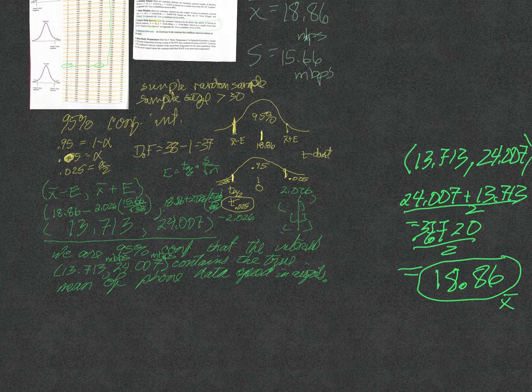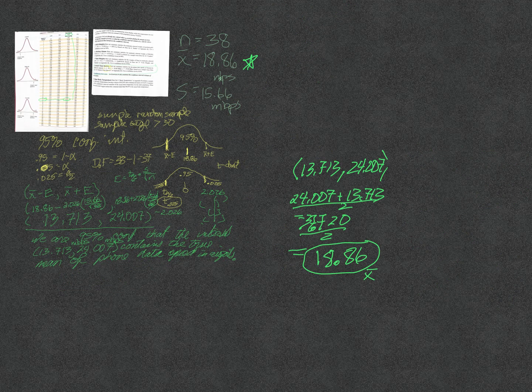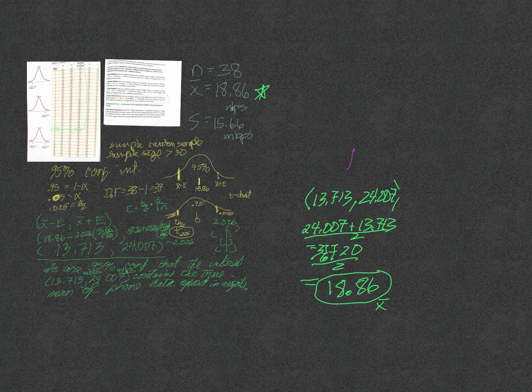Now notice that matches our original sample mean. So this is a way we could find the sample mean if all we knew was the interval.